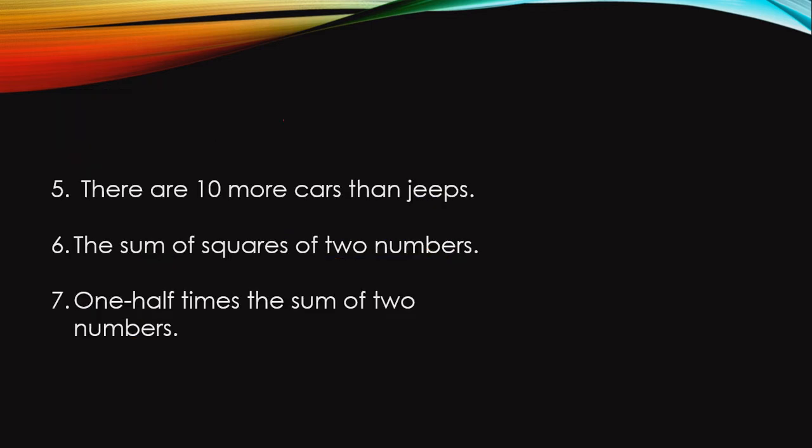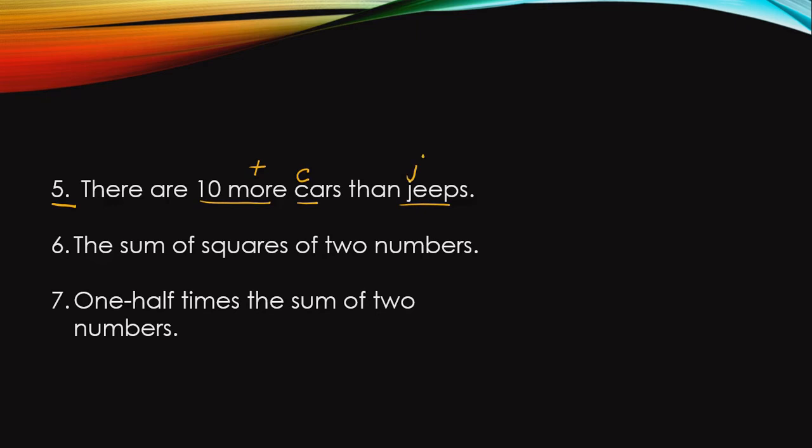To continue class, we have number 5. There are 10 more cars than jeeps. When we say more, it means we're going to add, so this is addition, a plus sign. To represent cars and jeeps we can use any variable. We can use C for cars and J for jeeps. How do we write it?